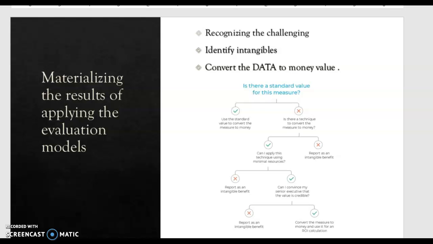The second challenge is the lack of reliable quantitative metrics to measure the result, such as Kirkpatrick's first level, the reaction level, or the behavior level.